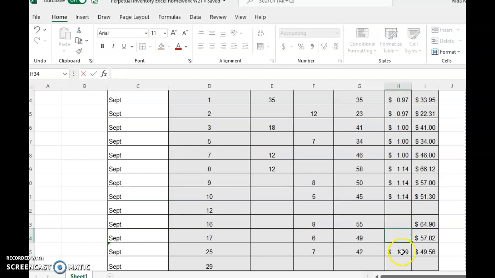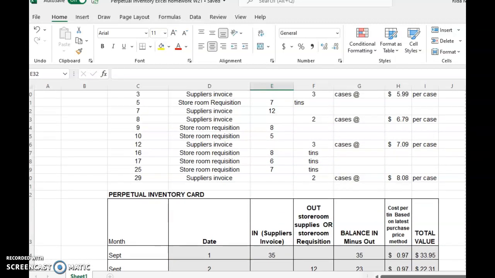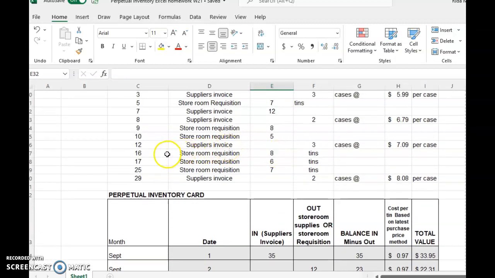let me just make that. Alright, let's move on to the next one. So that's September 12th, and that is also coming in, and that's 3 cases coming in.